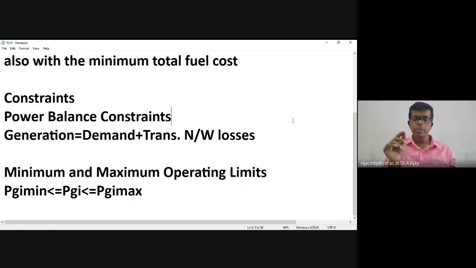Some limit will be there, depending on the generator. Within that limit only you need to generate, otherwise the whole efficiency will be lost. You are spending more water resources, and if you are not getting output, that is of no use. So this you also have to take into account.